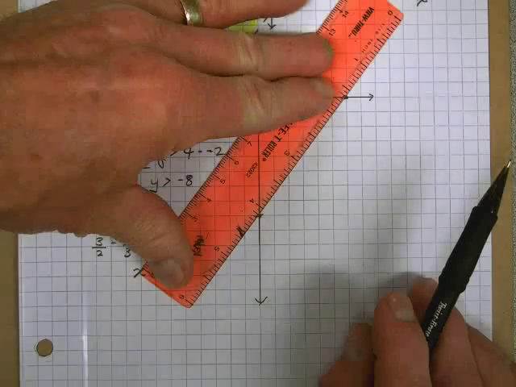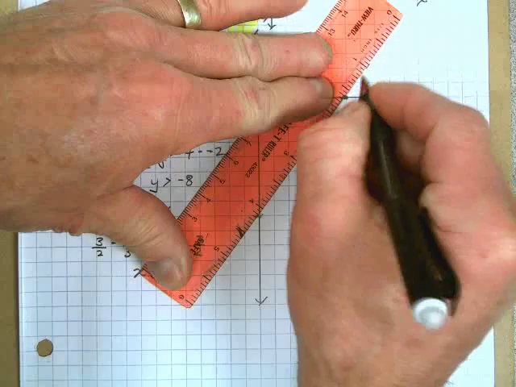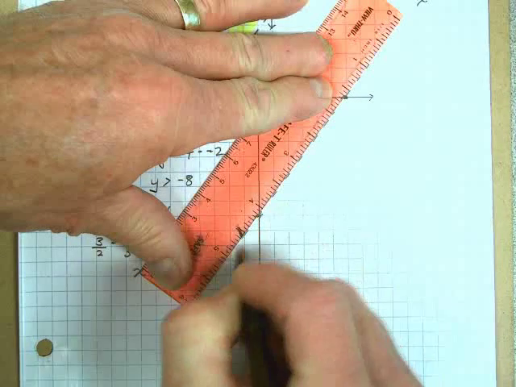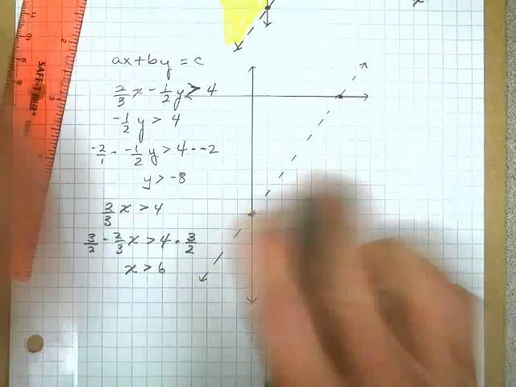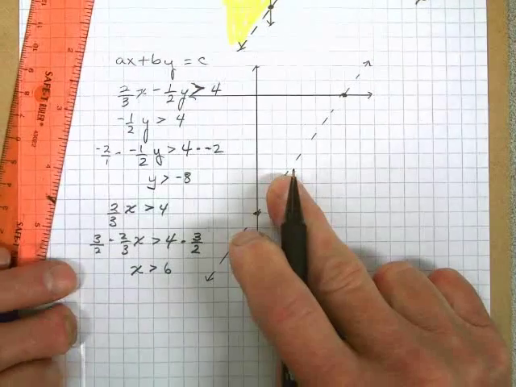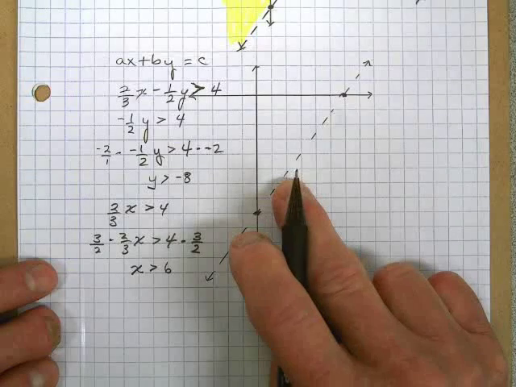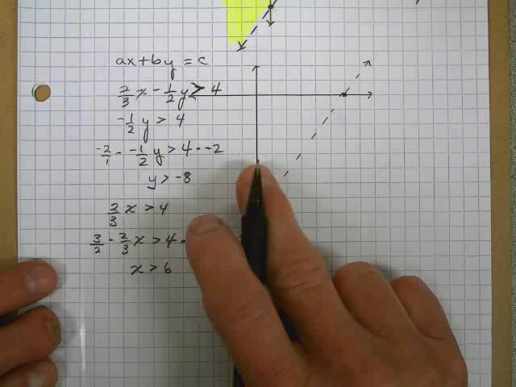So we'll use a dashed line to connect those 2 points. So this line forms our boundary condition. And notice that any ordered pair that's on the line will not be included in our solution set.